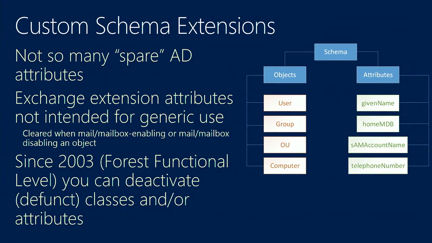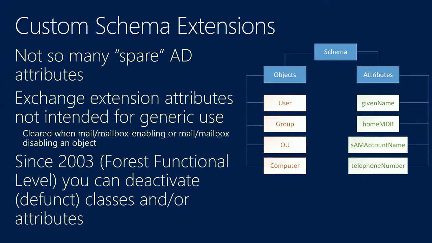So once you'd modified the schema, you were stuck with what you had. If it was problematic, then in the worst case, you might have had to do a full forest recovery or a migration, and that would have been bad. Since 2003, you've got the option to deactivate schema objects and attributes by defuncting them. So you've always got a backup mechanism, and it's not so scary anymore to do your own schema changes.